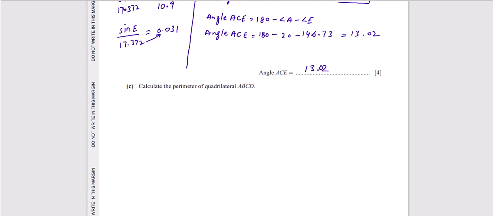And now the last question is to calculate the perimeter of the quadrilateral ABCD.